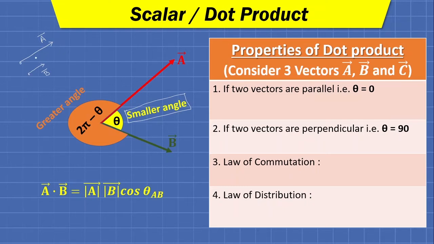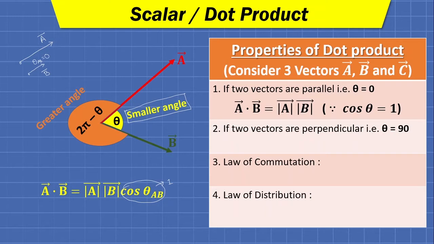Then the angle between these two vectors, theta AB, will be 0. So theta is 0, and that is why in this equation cos 0 will turn out to be 1. So for parallel vectors A bar and B bar, the dot product is nothing but the multiplication of their magnitudes.